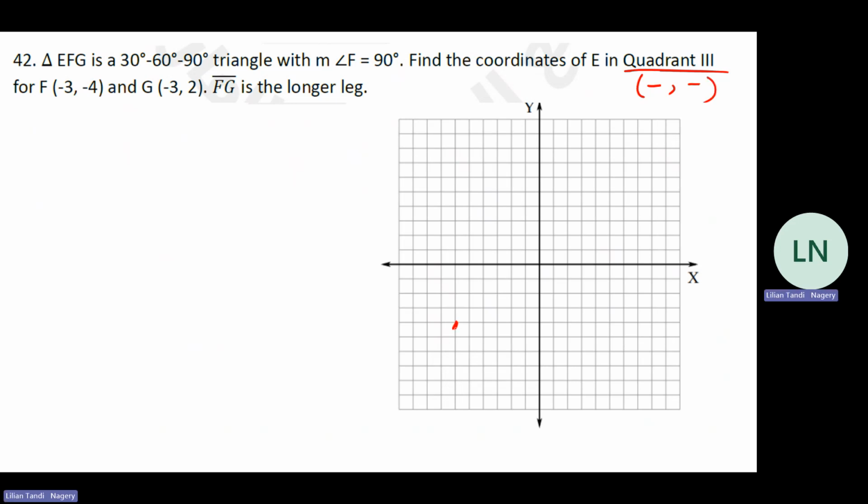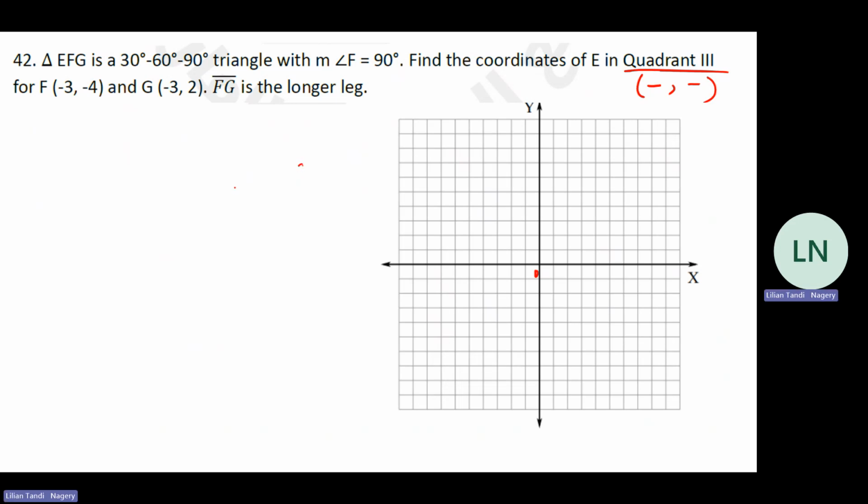If a point is here, X is negative, Y is negative. So your answer should have 2 negative numbers. Okay? All right. What do I know? In a 30, 60 triangle, and if this is 30, this is the short leg.